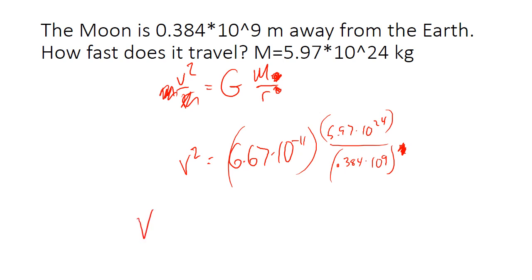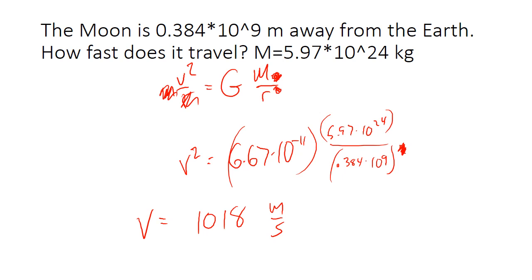Alright, so v, I got 1018 meters per second. That seems reasonable for outer space stuff. Outer space stuff travels fast. What about air resistance? Get it? Anyways, so that is what the speed of the moon is. It moves fast because it has a long way to go around the Earth.